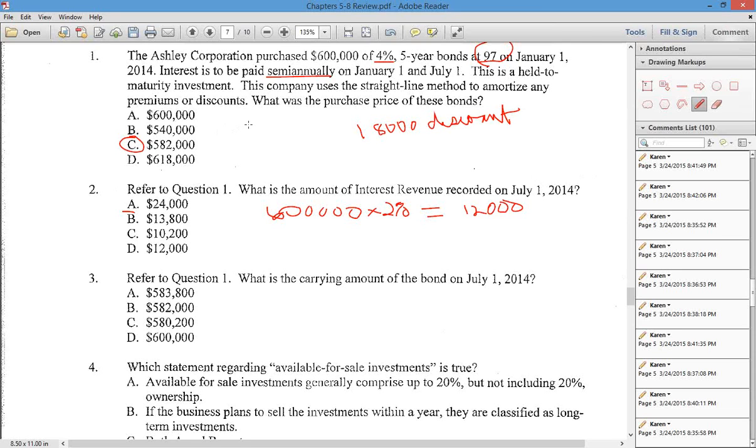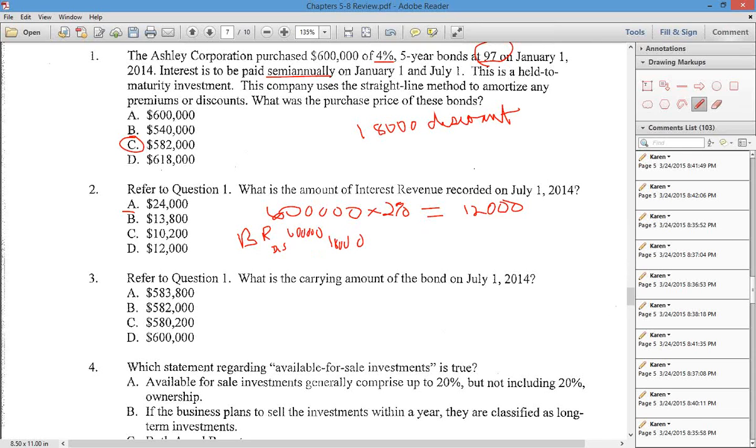That would have been recorded on the bond issue as bond receivable at $600,000, with a discount on that of $18,000.